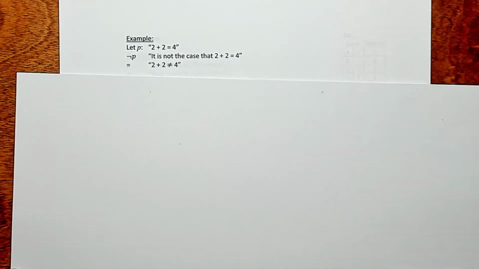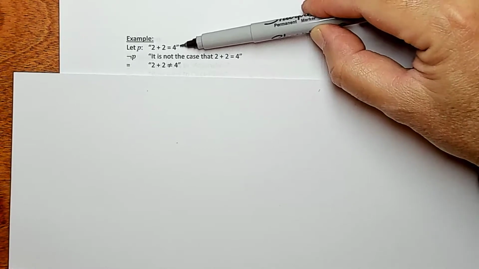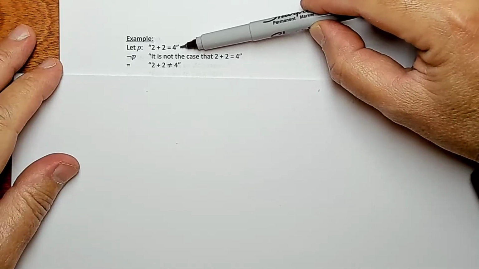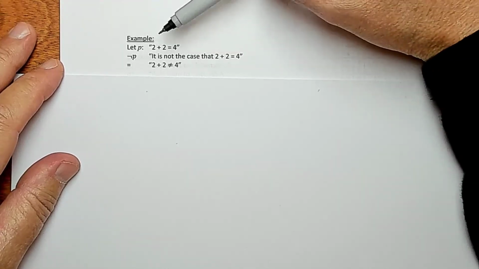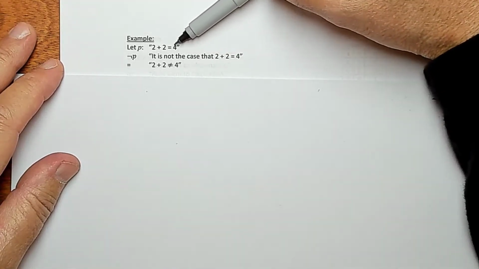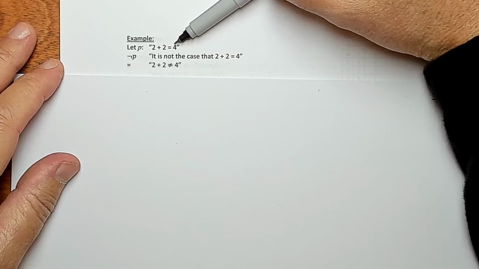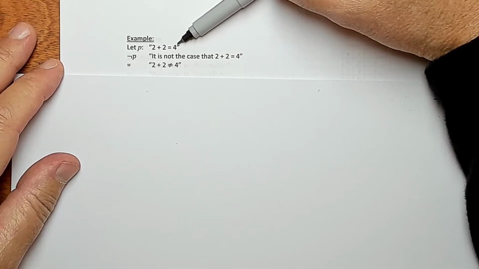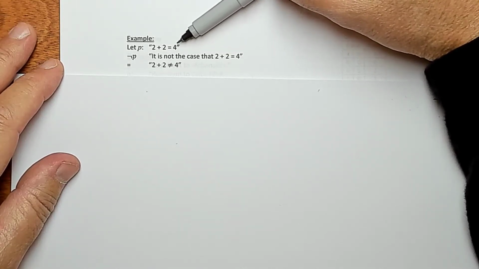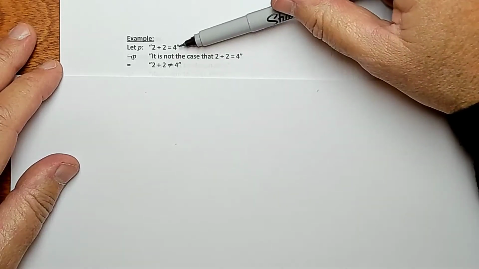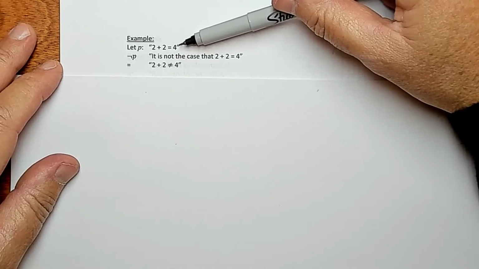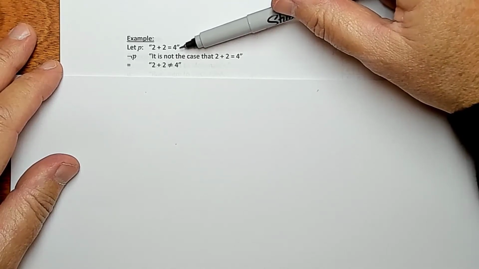So let's look at a couple more examples here. So here's the proposition, 2 plus 2 equals 4. Let's go slow here. P is a proposition because 2 plus 2 either equals 4 or it doesn't. That is, it has a true value or a false value. That's enough to make it a proposition. This particular proposition happens to have a value of true.